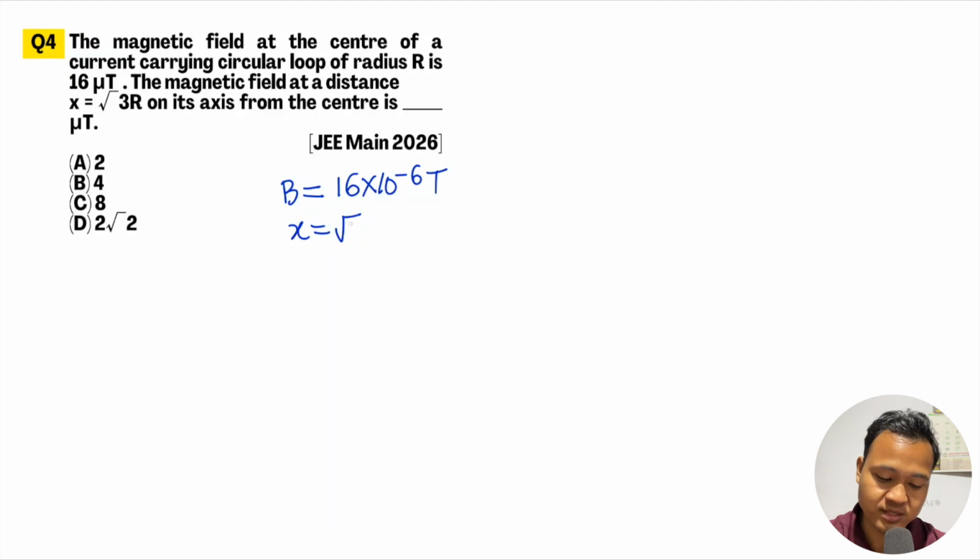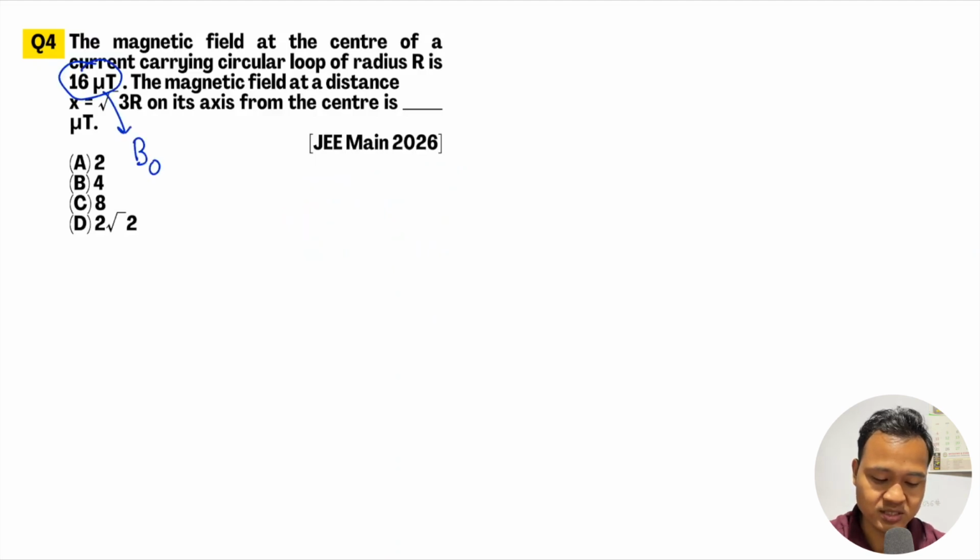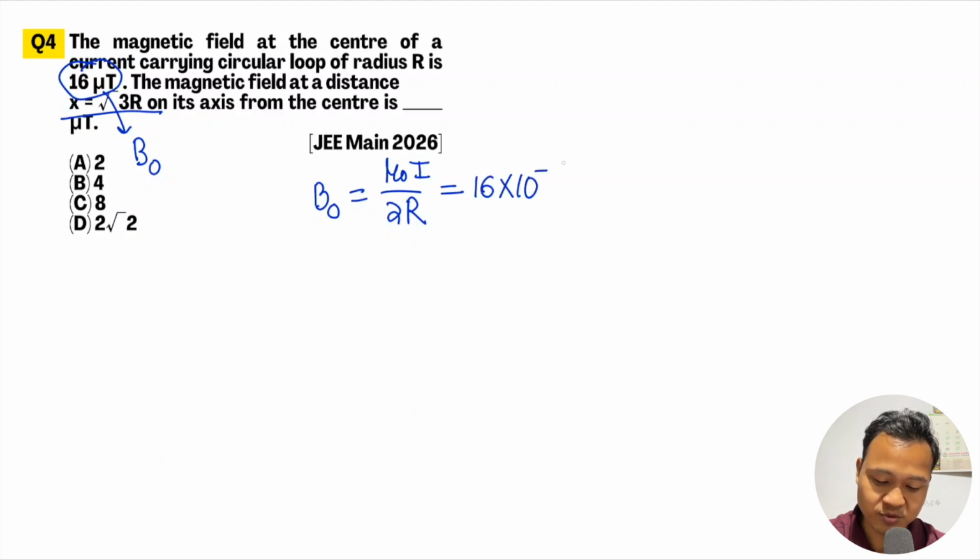So x is √3 into r, at the distance of √3 r. So here they give you B at the center, and we need B at x equals √3 r. Let's say B at the center, B naught, will be mu naught into I by 2r. This value was given to be 16 into 10 power minus 6.